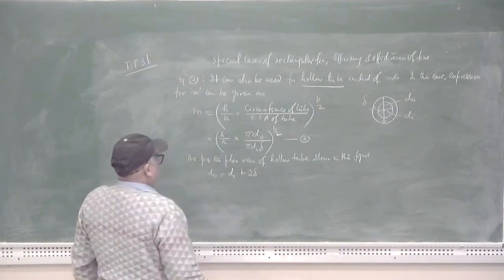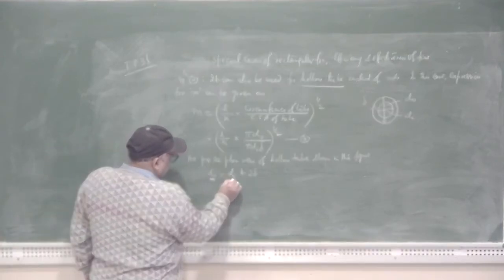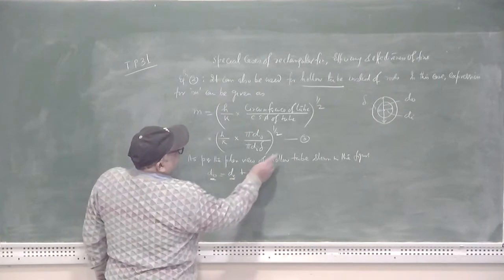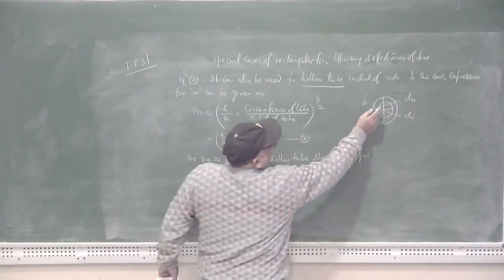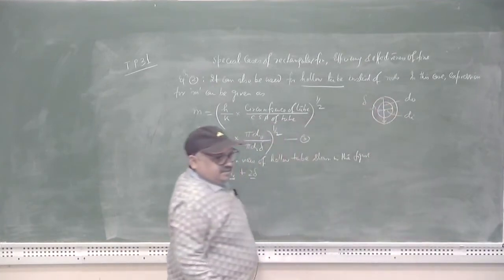We can write d naught, the outer diameter of the ring, should be equal to the inner diameter of the ring plus 2 delta. This much needs to be added to arrive at this quantity.